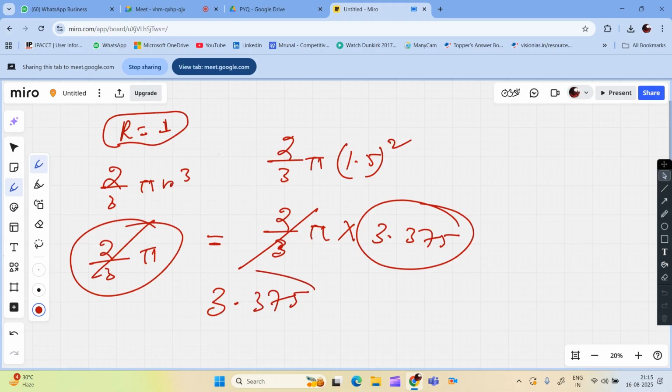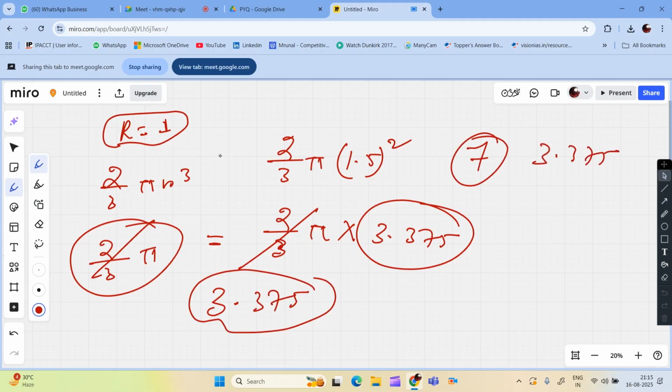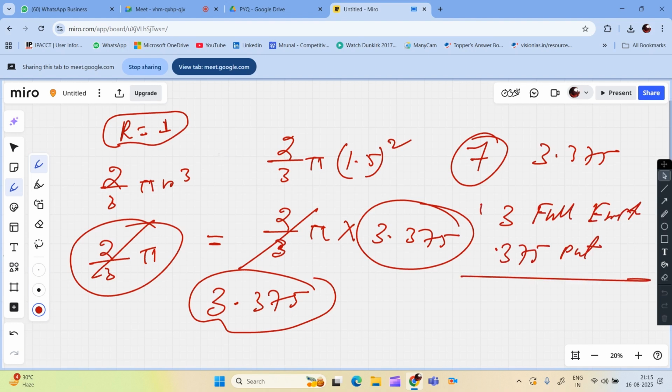That means out of 7 containers, they are filling 3.375. That means 3 containers are fully emptied out, and one container is emptied out by 0.375 part. So 3 full containers are emptied, and a part of a container, 0.375, was emptied out.